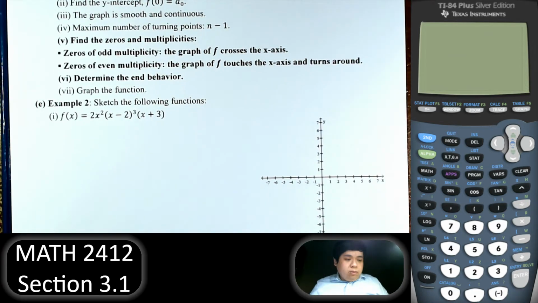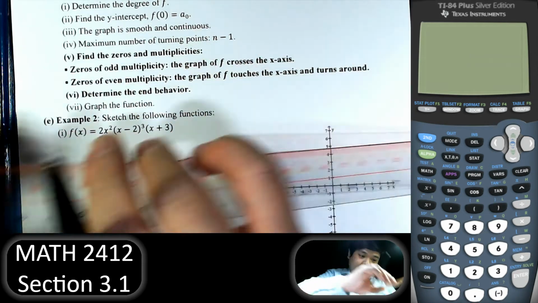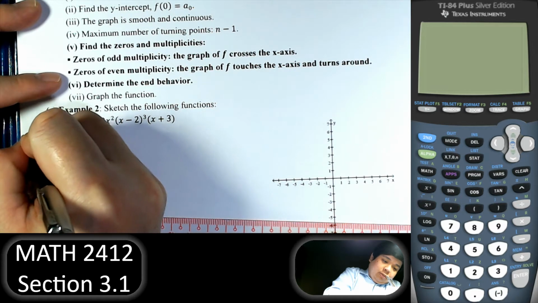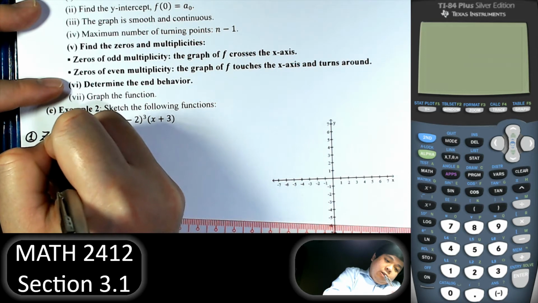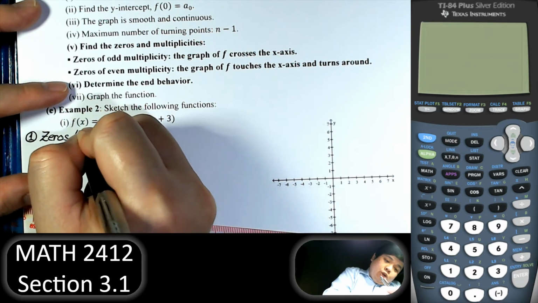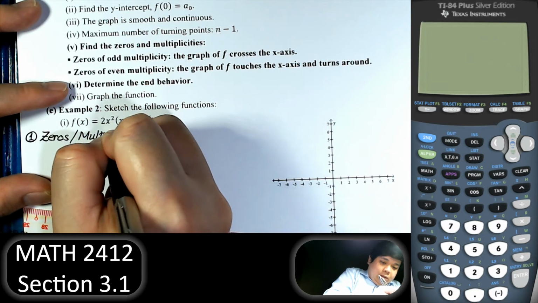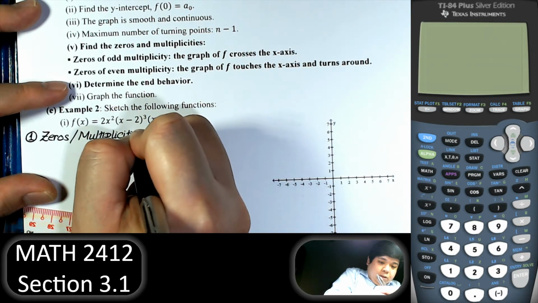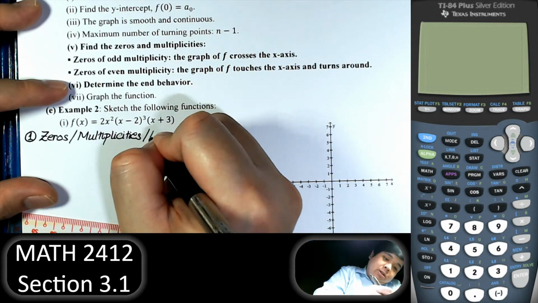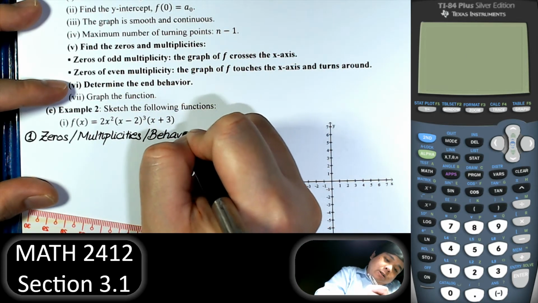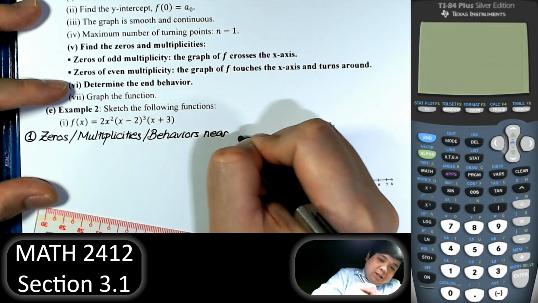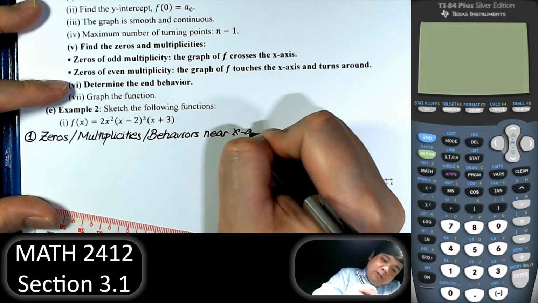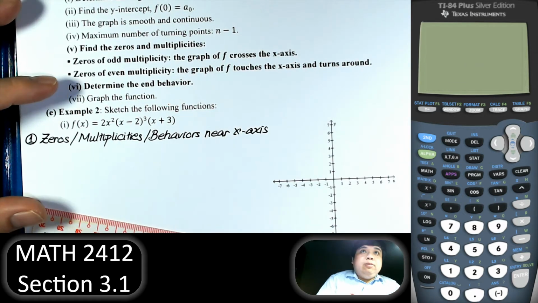So two things: one, zeros, multiplicity, and behaviors near the x-axis.